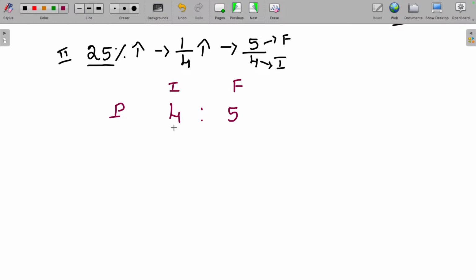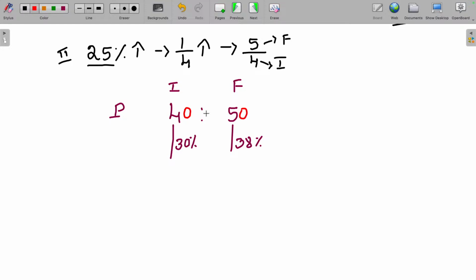Now 30 percentage labor cost is increased. It is very difficult to calculate 30 percentage of 4, so I will write the ratio as 40 is to 50 instead of 4 is to 5.